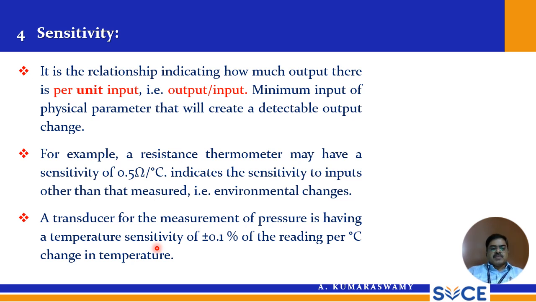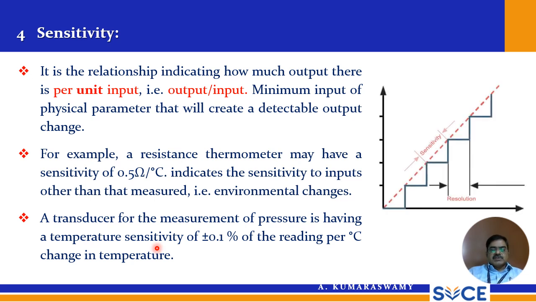So it is the detectable output change per input, whatever input you are giving. That change is known as sensitivity. And we have one more term, resolution. Here you have steps from input to output.